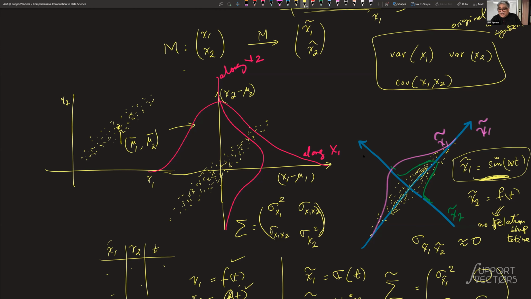Or at least it may not be noise. Let's be softer about it. Let's say that the x2 direction matters less than the x1 direction. x1 tilde really matters, x2 tilde doesn't matter. You need not be very strict and say x2 is noise. You can say it doesn't matter that much.